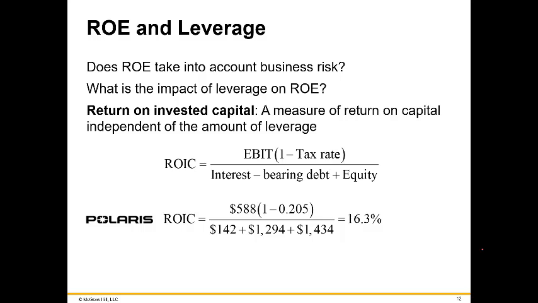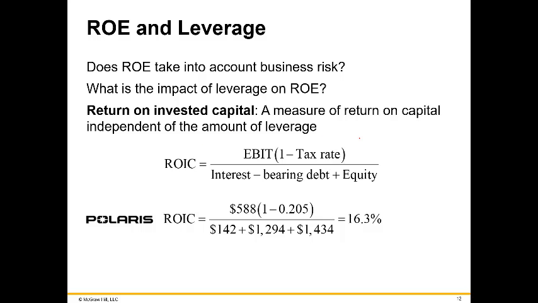The book says, because of the risk associated with leverage and the fact that you can boost ROE with a lot of leverage, maybe ROE isn't the best thing to look at, or maybe we should at least temper ROE by looking at an alternative measurement of performance. What they've proposed for us is return on invested capital, ROIC.